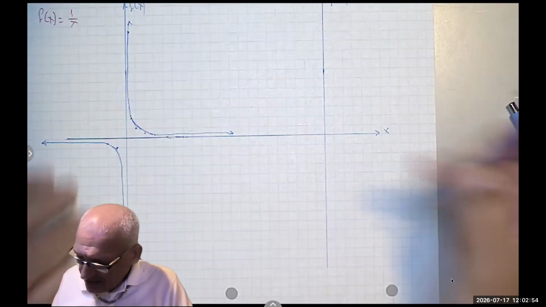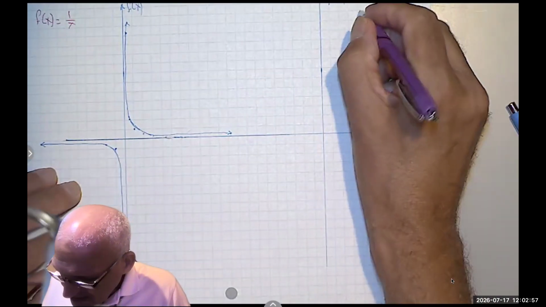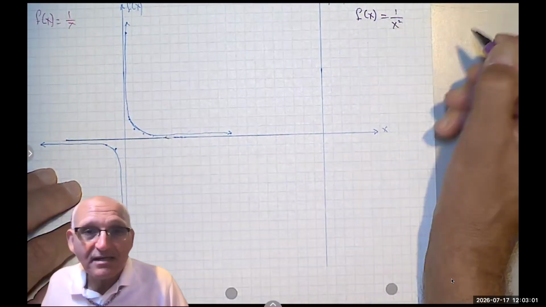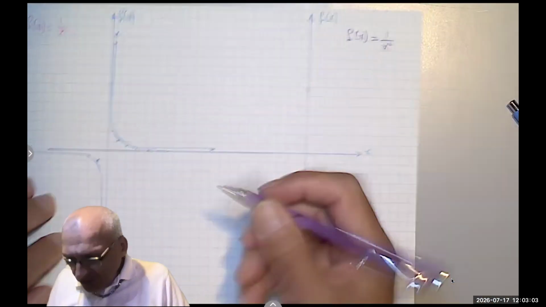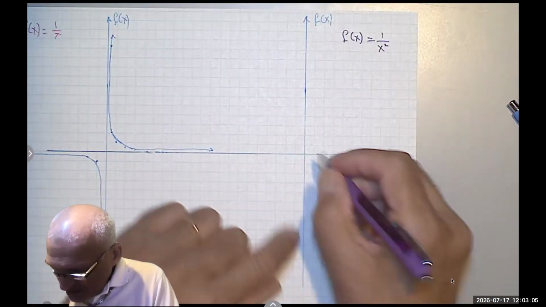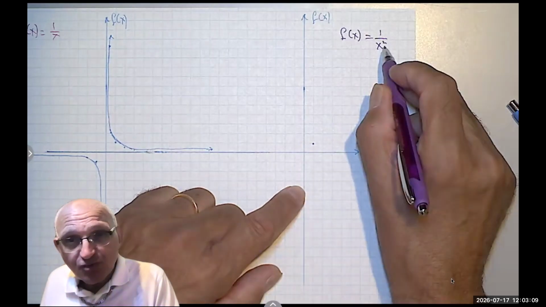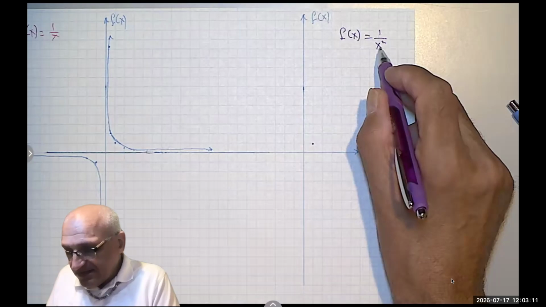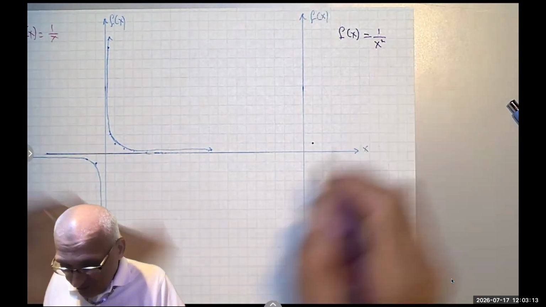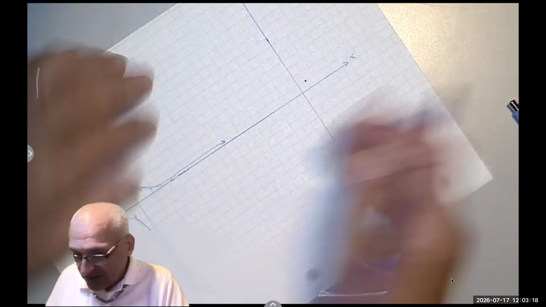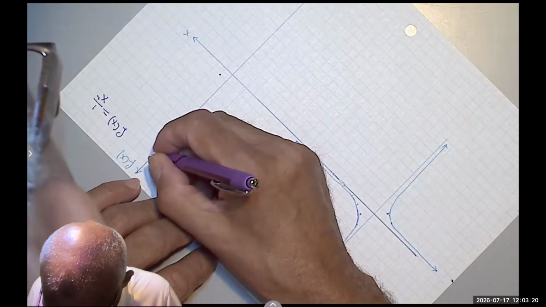The next one is similar, but it's f of x equals 1 over x squared. If x is 1, 1 over 1 squared is 1. If x is 2, then that would be 4, and you get 1/4. So it looks like that, but it's closer to the x and the y axes.